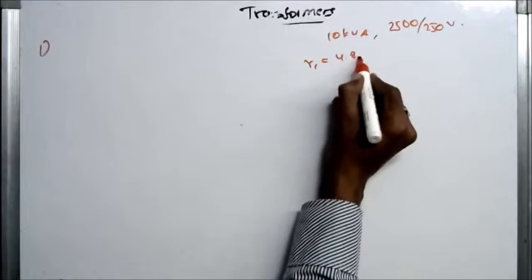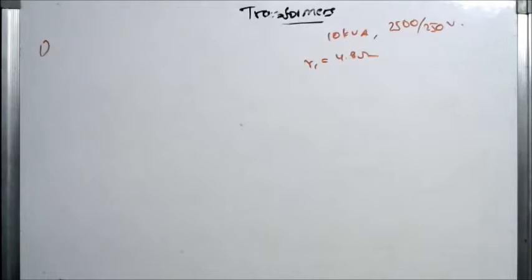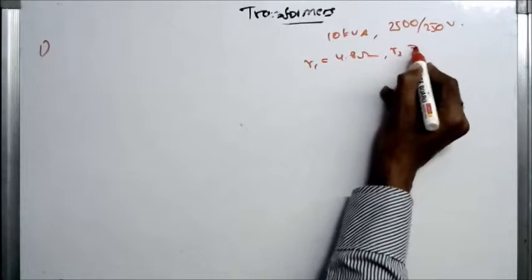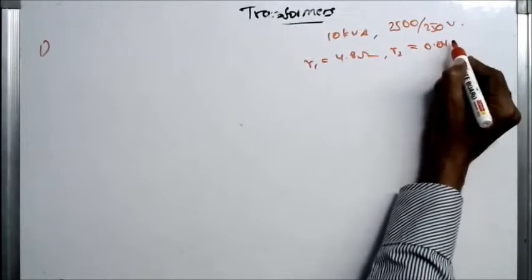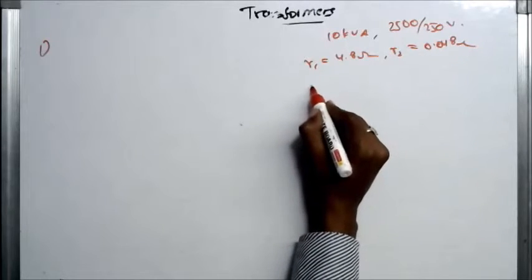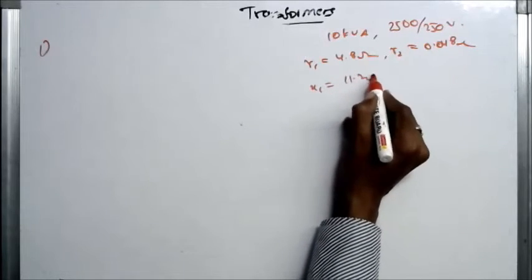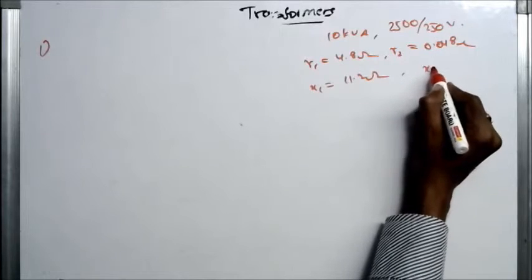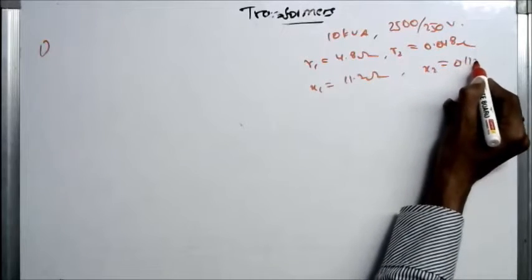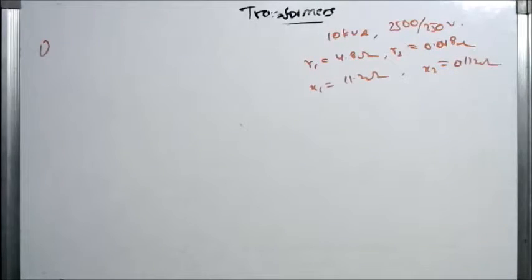So R1 is given 4.8 ohms and R2 is given 0.048 ohms. X1 is given 11.2 ohms and X2 is given 0.112 ohms.